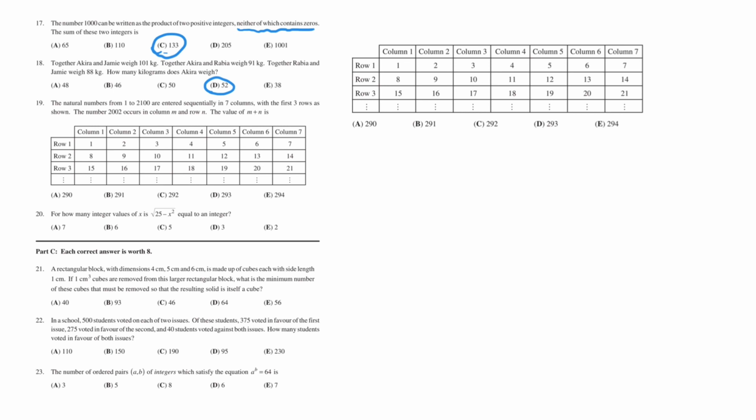Numbers in column 1, when divided by 7, have remainder 1. Column 2 has remainder 2. Same thing, remainder 3, remainder 4, remainder 5, remainder 6, and remainder 0, which means divisible.